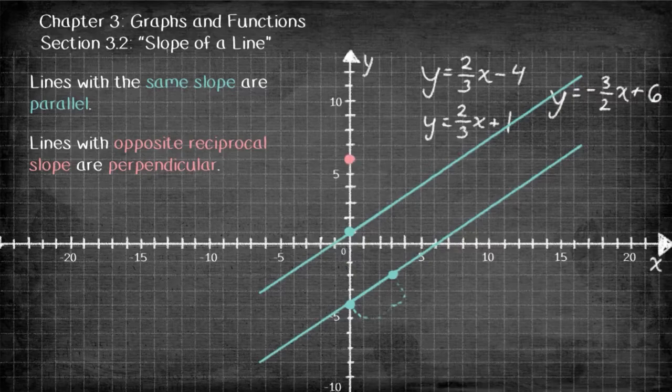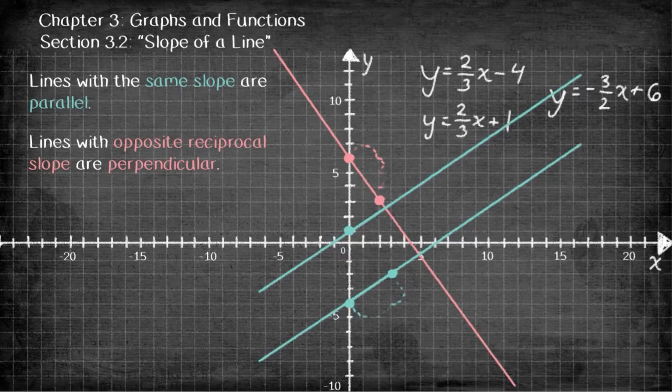So our y-intercept is 6, then being negative, for every 2 steps to the right I do, I have to take 3 steps downward. And the red line intersects the two blue lines at a right angle.